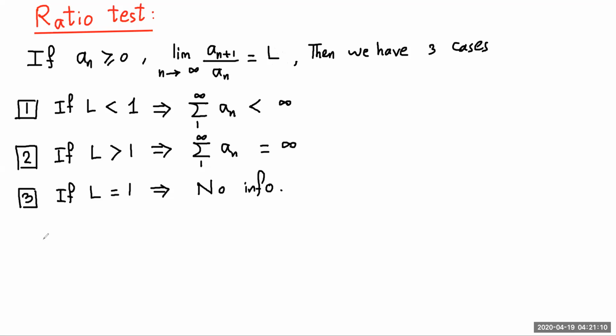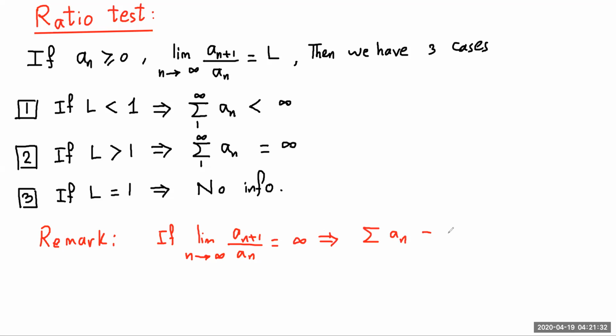So remark, if the limit of an plus 1 over an, as n goes to infinity, is infinity, then sigma an diverges. So now for positive series, the words diverge or equal infinity are the same.